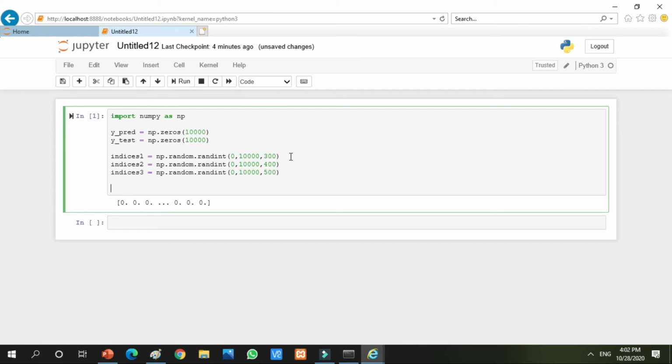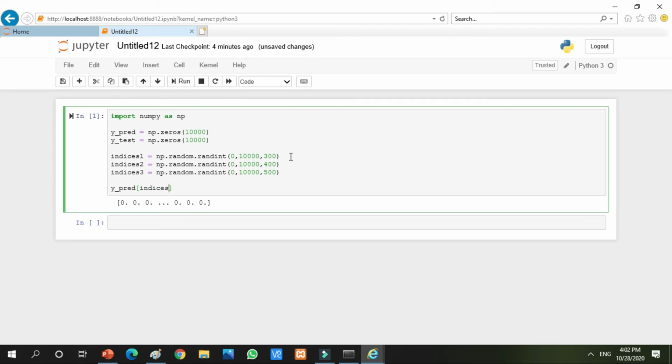So what I am going to do now, I am taking my old variable which consists of 10,000 values, which is the y prediction variable, and I am making the indices 1 as 1. What it means, let me show you.